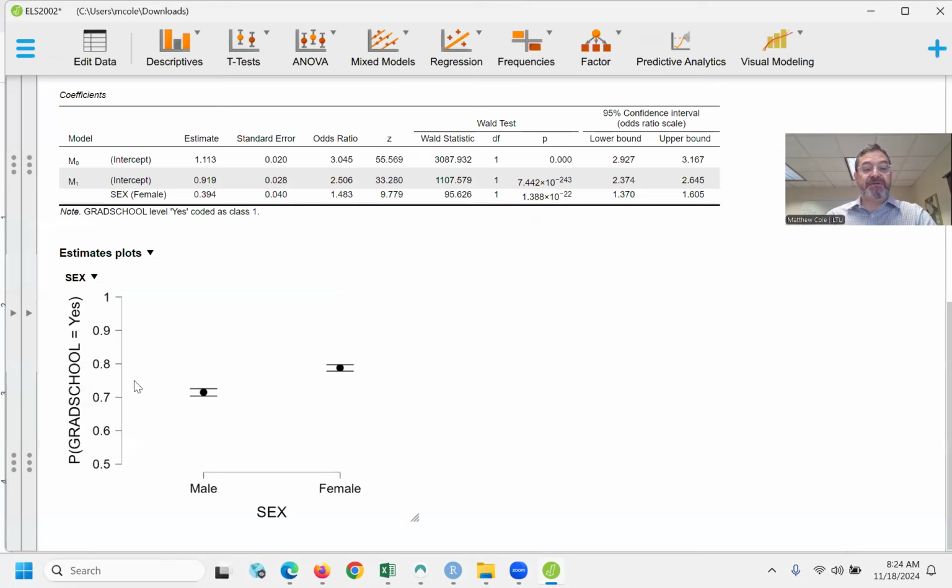We can see males, given no other predictor: if you're a male, there's approximately a 71% probability of attending graduate school, and if you're a female, there's an 80% probability. So females have a higher probability. That's what we see here, because we're looking at the prediction of attending grad school for females relative to males.